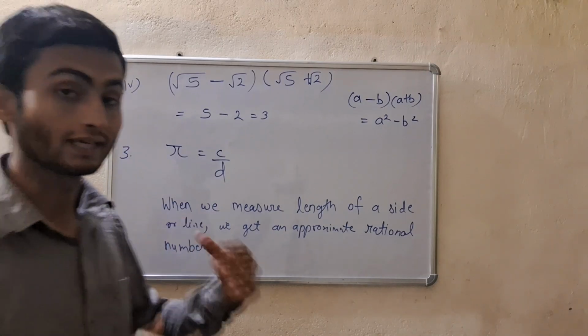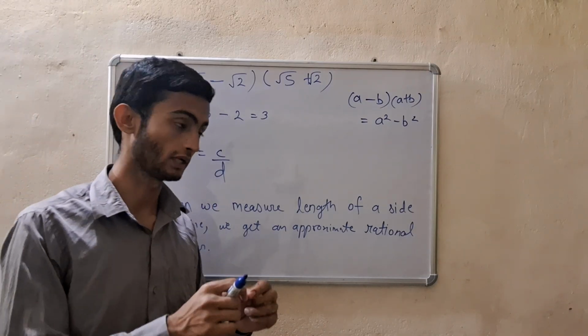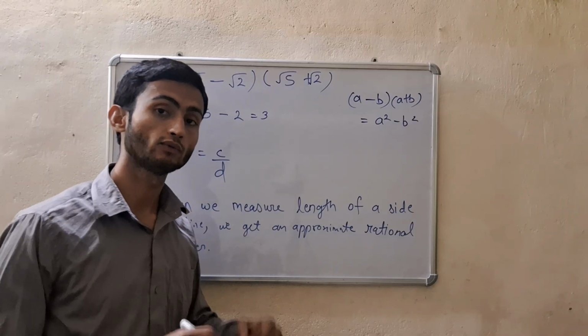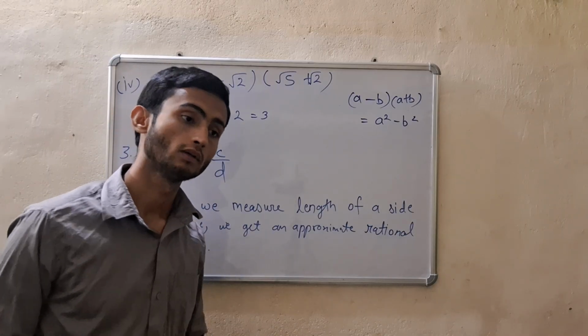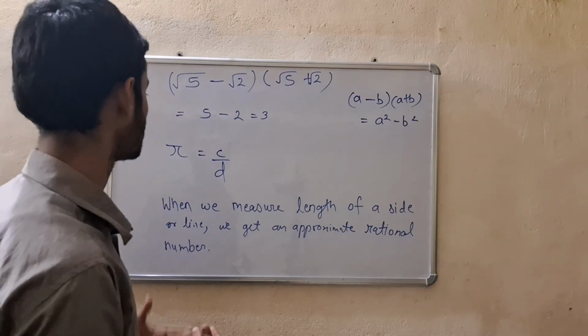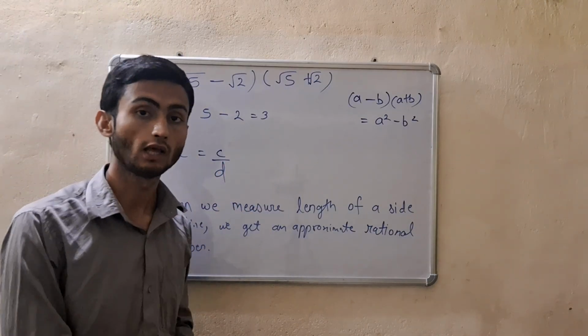So we do not get an irrational number. Whenever you measure, let's say this is 3.7, 3.8, it's not like 3.81, 811, 8111. You do not get a number like this. So that's why it seems to us that this is rational.